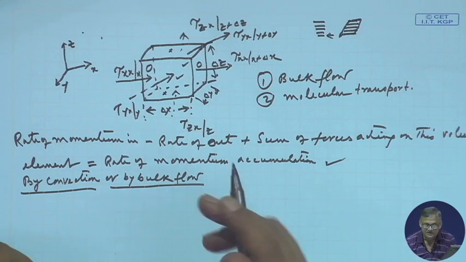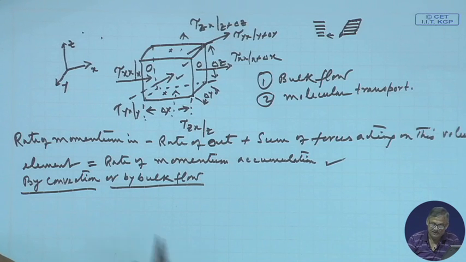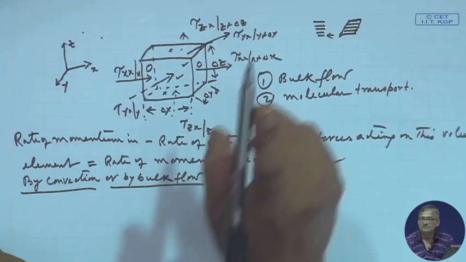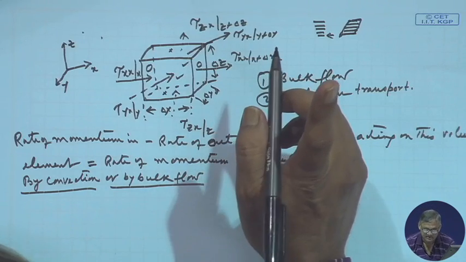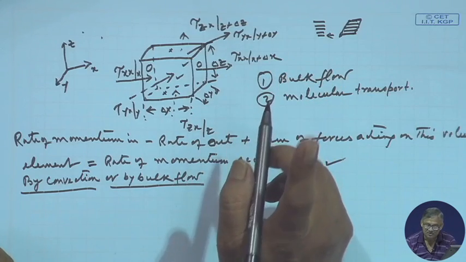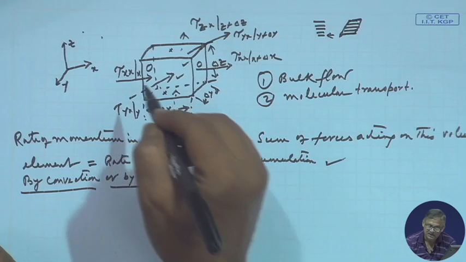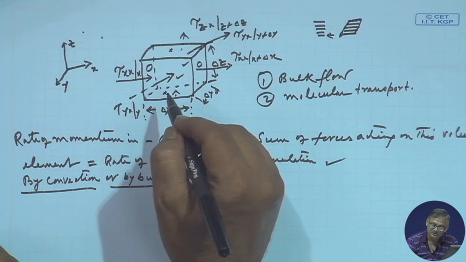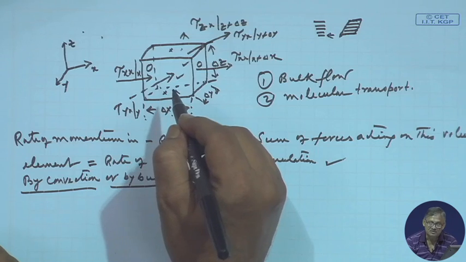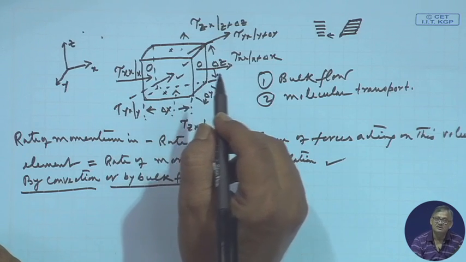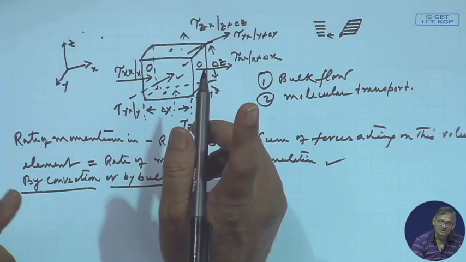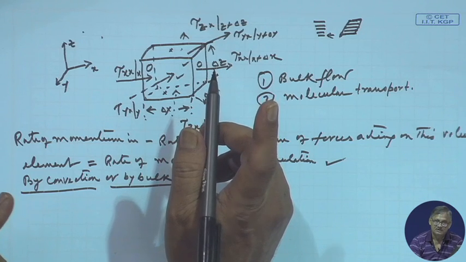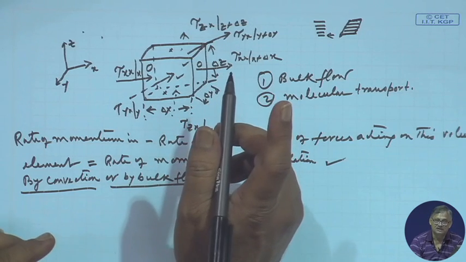So if we look at that by convection, there are three: x component of momentum acting on x, x component of the momentum acting on y, and x component of the momentum acting on z. All these three are to be considered. Similarly for the others.